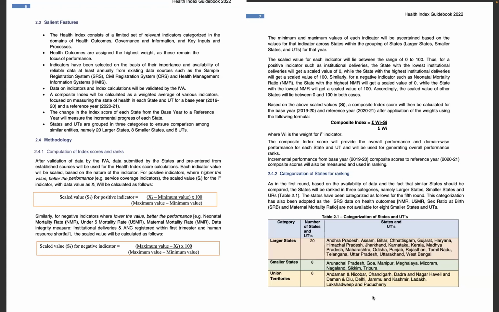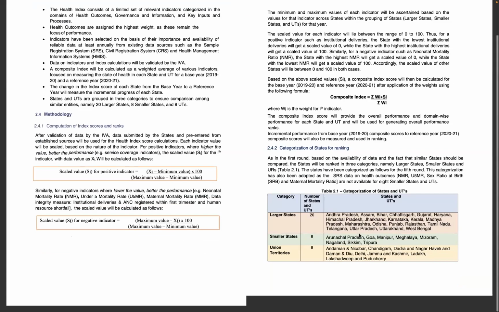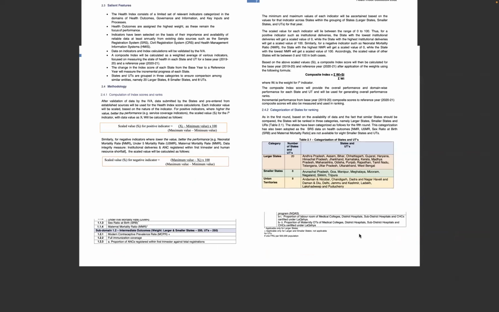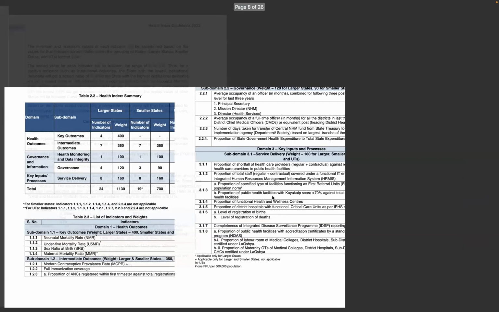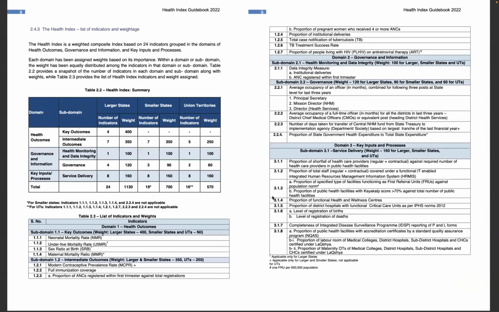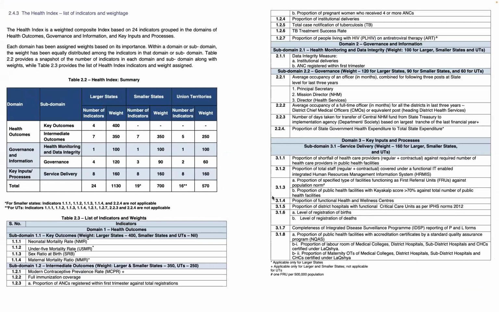Move to the next. Zoom it. What we are doing actually, this data set is saying what we all are actually doing.